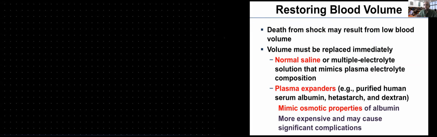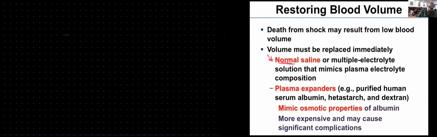What if a person has lost part of his blood volume and you want to restore his blood volume? What are we going to give the patient? First thing, in order to restore the blood volume, we might consider giving normal saline. Why normal saline? Normal saline has the same osmolarity as your body fluids.